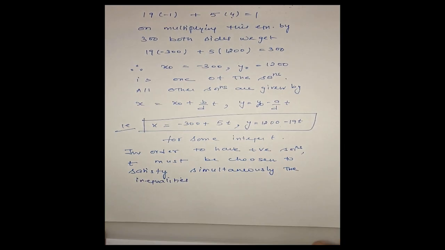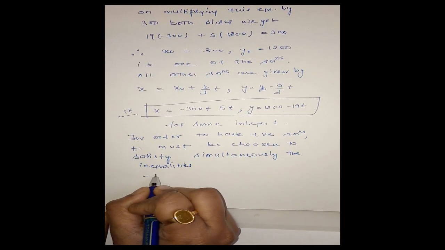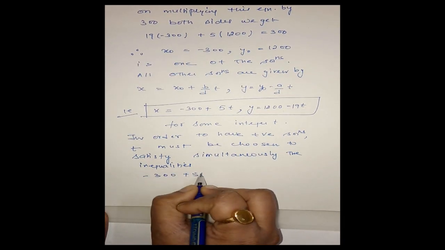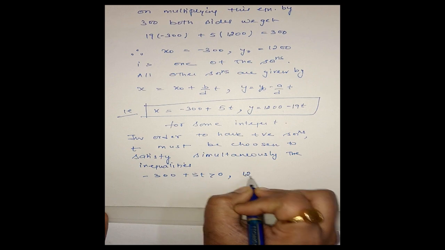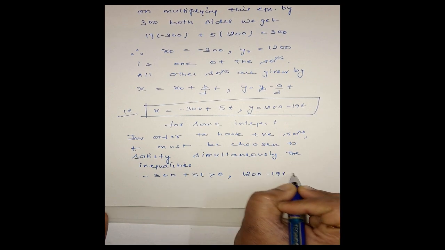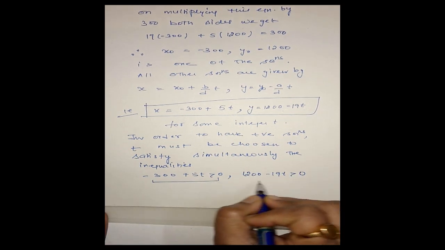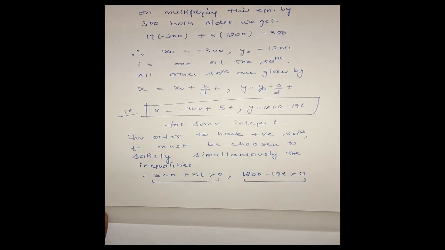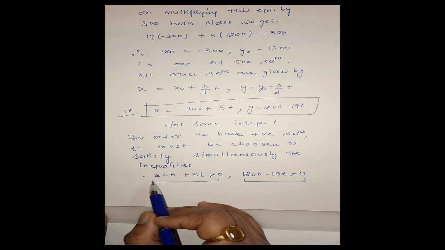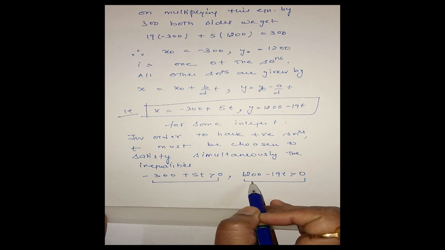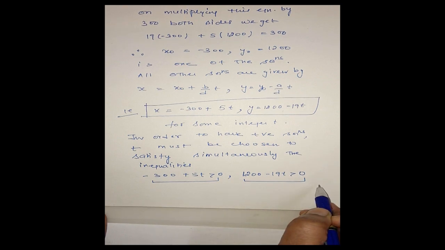Which are the two inequalities? Minus 300 plus 5t should be positive, and in the same way 1200 minus 19t should be positive. These are the two inequalities which should be satisfied.